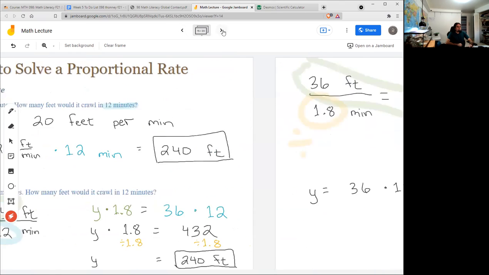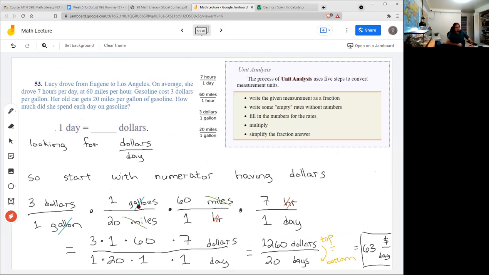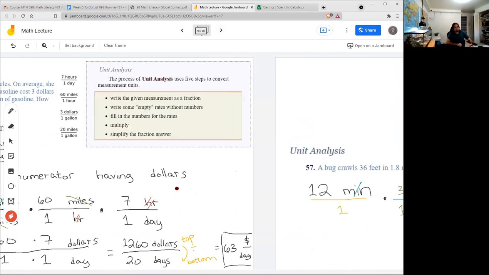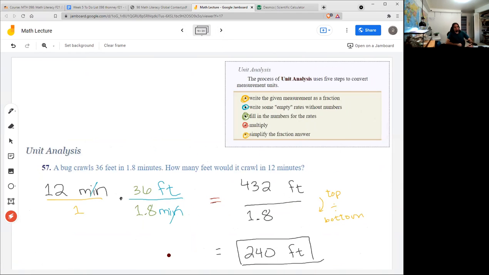But as we saw with my terrible example, if we need to keep going with multiple steps, then the unit analysis gives us that power when the other 2 methods don't. So it's nice to know unit analysis, not because it's what you'll always use. You'll use unit rates and proportions an awful lot, but because it gives you sort of a stronger tool for your toolbox than you had before.